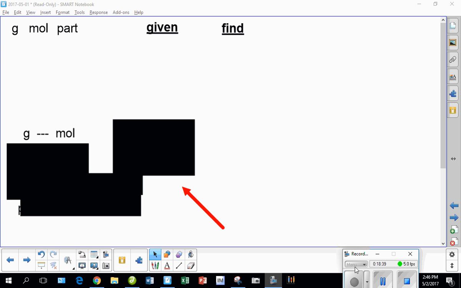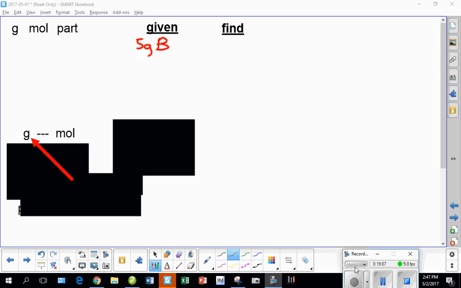I am going to take this problem type and I'm going to give you 5 grams, and you need to tell me what you want for the atom. What atom do you want to use? Anything on the chart. Be, beryllium. Okay, so you're going to do beryllium atoms. Yes, that's 5 grams of beryllium atoms.